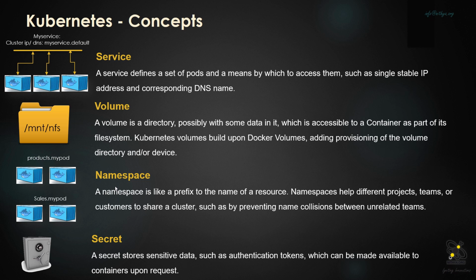Kubernetes natively provides secret vaults to store your sensitive data, which can be made available to your containers upon request. For example, if you want to access resources from the containers using a username and password, the sensitive secrets can be stored in the secrets. Kubernetes natively supports secrets. You can create the secrets, supply the secret to your pods, and so on. You can easily understand while doing the hands-on lab, so be with me.